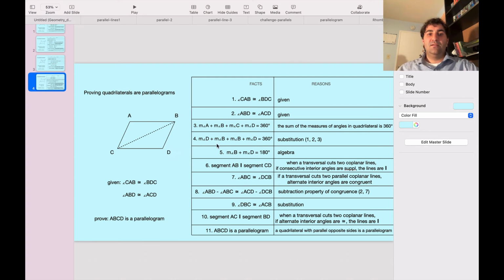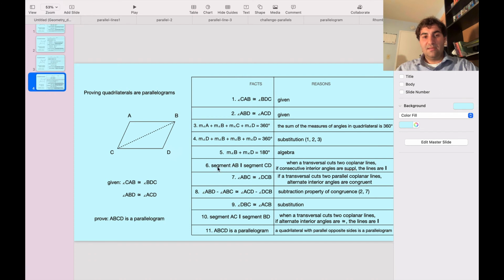If you add this together, you get 2 times the measure of angle D plus 2 times the measure of angle B is equal to 360. In other words, the measure of angle B plus the measure of angle D is equal to 180 degrees, which is 360 divided by 2. That's just algebra.